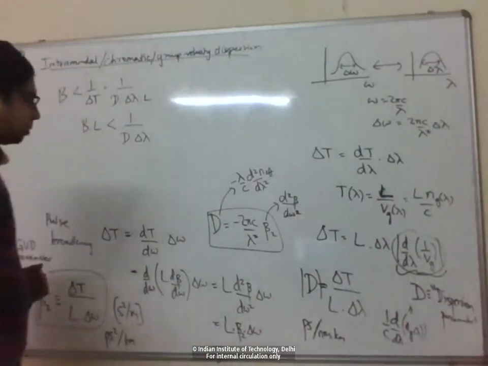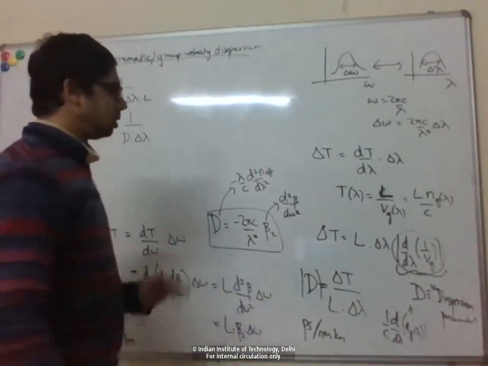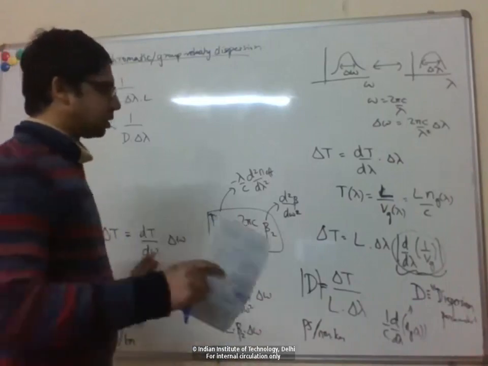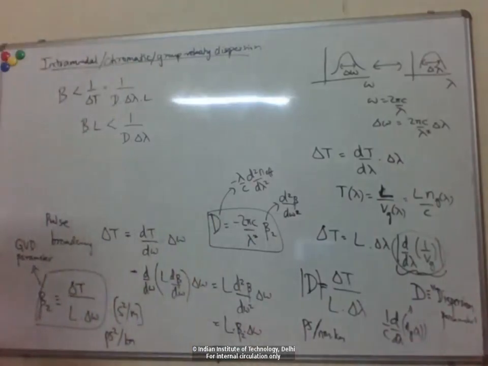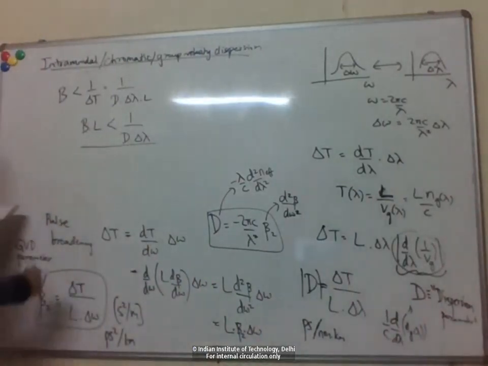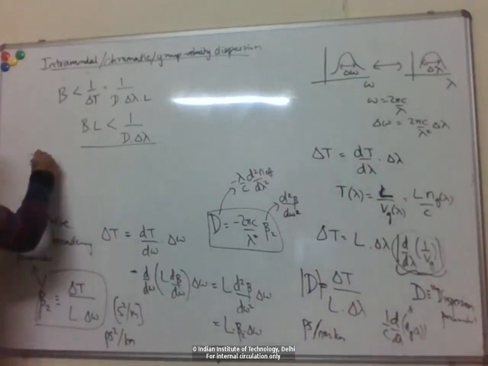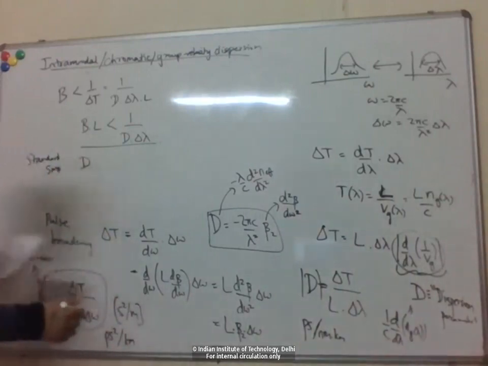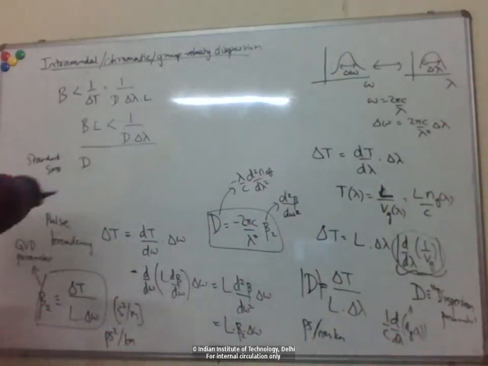So anyway, we'll look at some of this in more detail, what we mean by these different frequency components traveling at different speeds and what is the effect on the pulse. But just to give you some idea about some numbers here, if you look at a standard single mode fiber, this D, you might have heard or know that this dispersion crosses 0 for these silica fibers at around 1.3 micron.